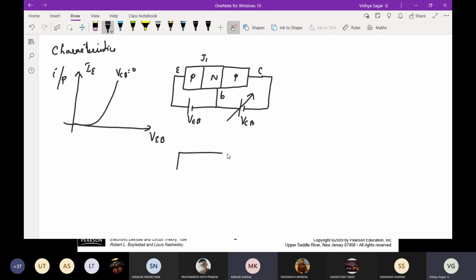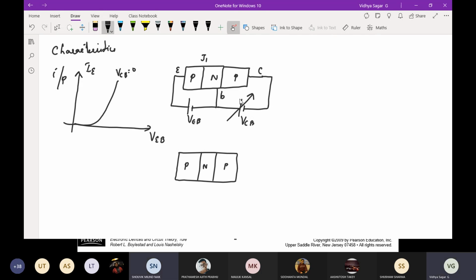Why will very less amount of current flow? I want the exact answer. Sorry, louder. Breakdown. What kind of breakdown are you talking about? So you're saying less current, then what is breakdown here? What happens in reverse bias?